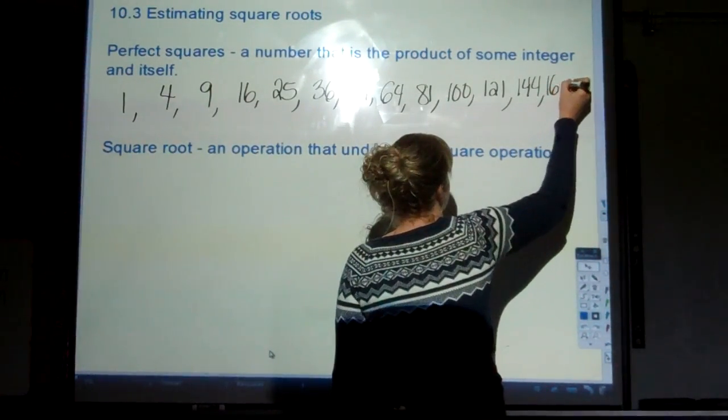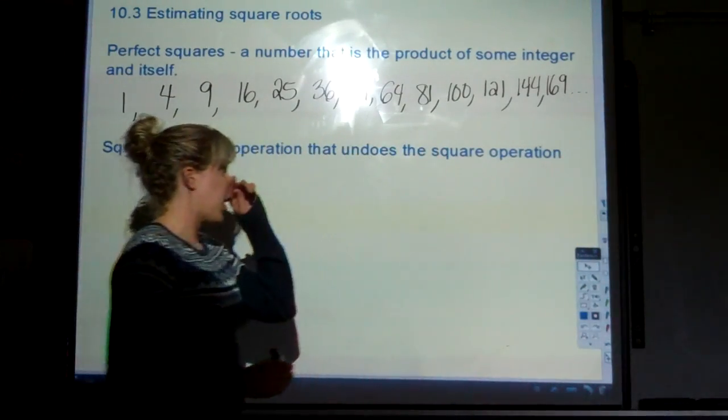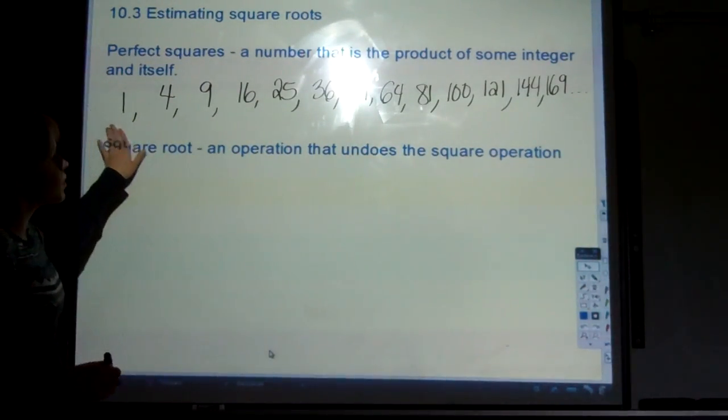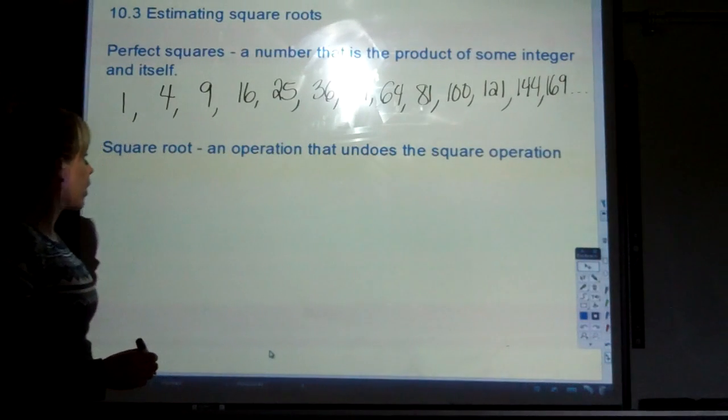And we could keep going, but they go on for a long time. Therefore, these are examples of perfect squares.